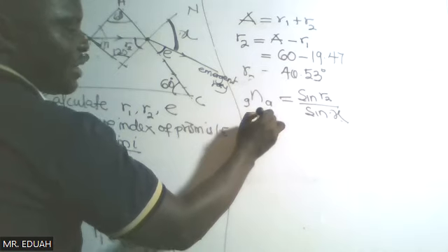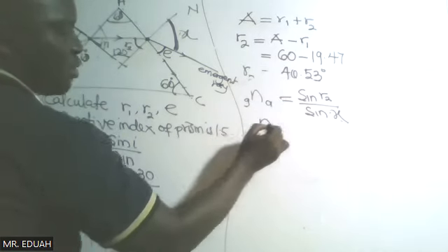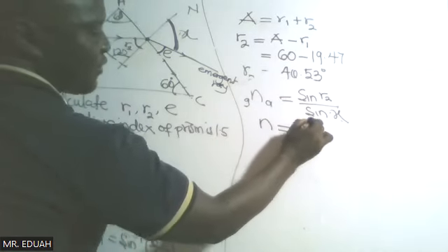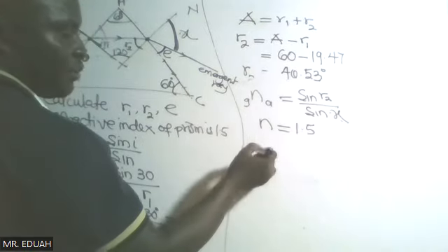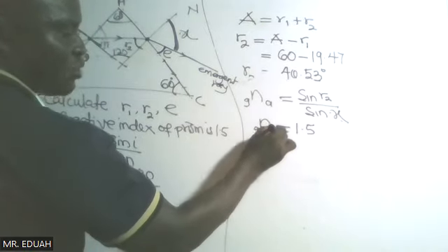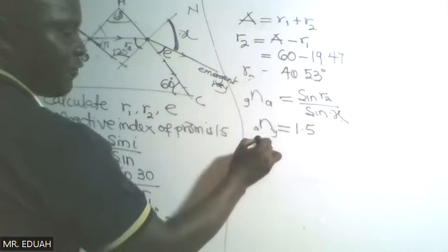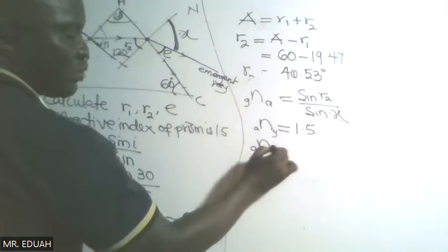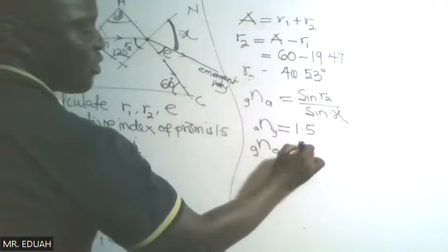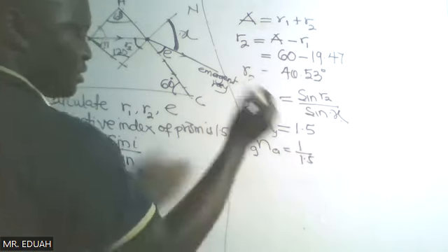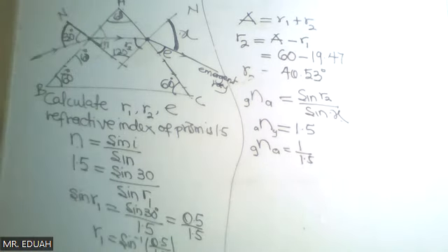Now, we were given the absolute refractive index of the glass block, which is 1.5. But we know that this is from air to glass. So if you are looking for the refractive index from glass to air, then it's 1 over 1.5. As for these basics, we know.